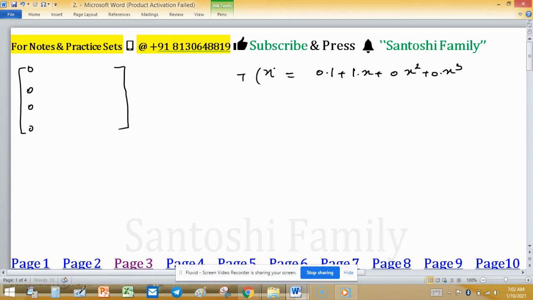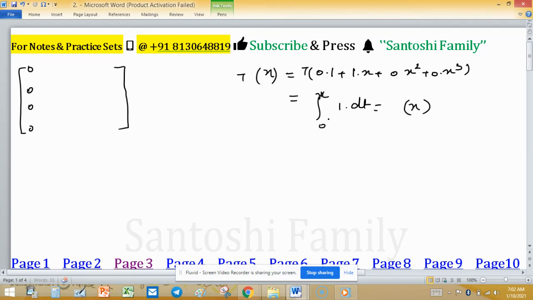Apply T both sides. T converts this polynomial into integration, and its derivative will be 1 into dt, and the limit is from 1 to x.